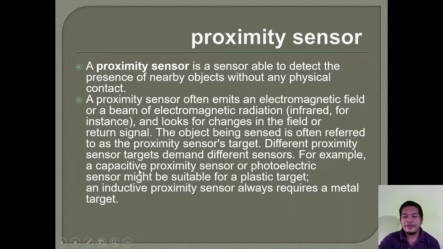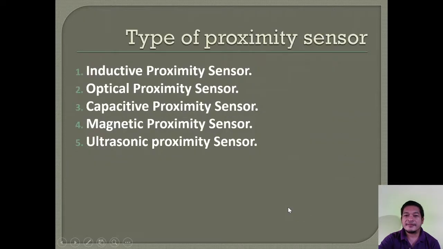But of course, the capacitive sensor can also detect metal. So it detects both metal and plastic. An inductive proximity sensor always requires a metal target. It needs to be metal. If it's plastic, it will not detect it. Okay, so it can be used in industry for the separation between the metal and the plastic.